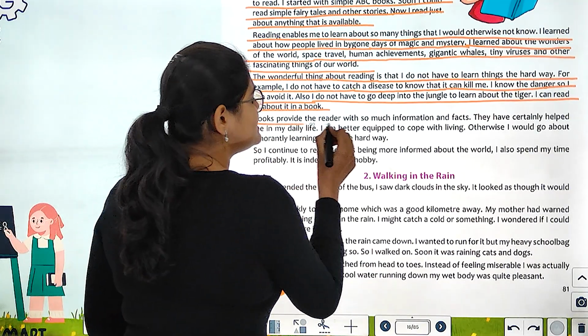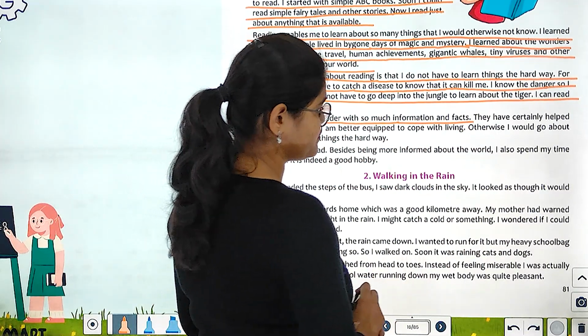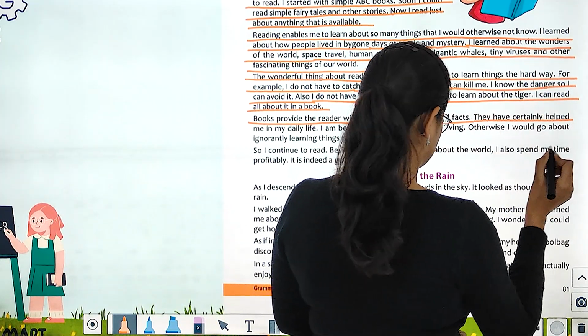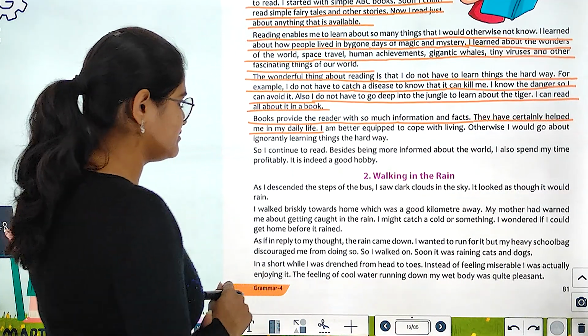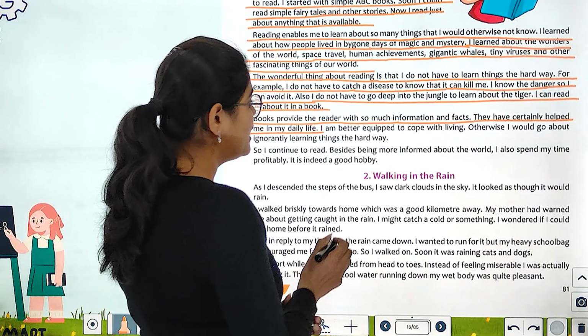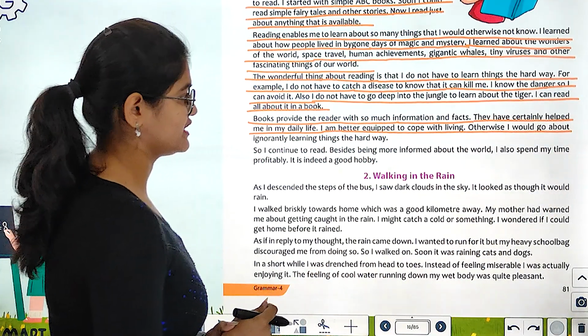Books provide the reader with so much information and facts. They have certainly helped me in my daily life. I am better equipped to cope with living.